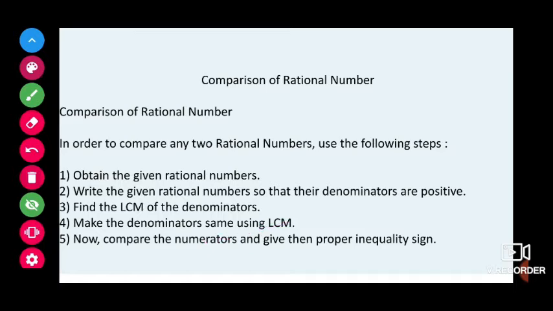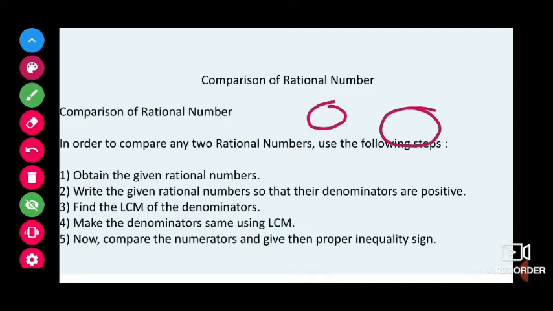Comparison of two rational numbers. Here one more method I am going to show. First we will see what the denominators of the two rational numbers are. If the two rational numbers have the same denominator, like rational numbers or like fractions, then we will compare the numerators.